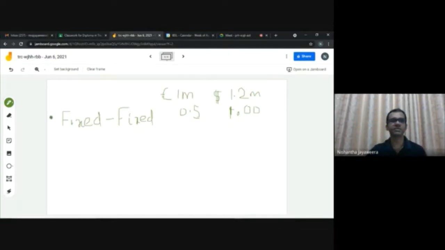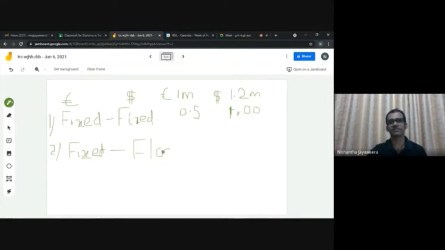This is one possible way of doing it: one party pays fixed, or both parties pay fixed interest. The second option is one party pays fixed, the other party pays a floating rate.